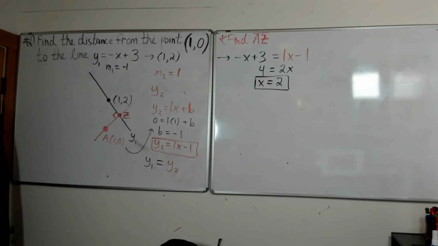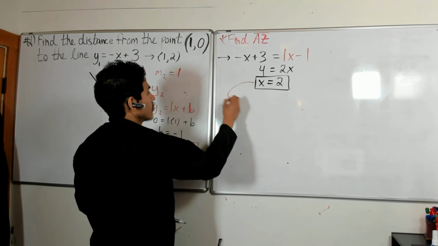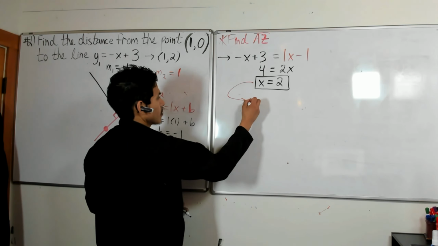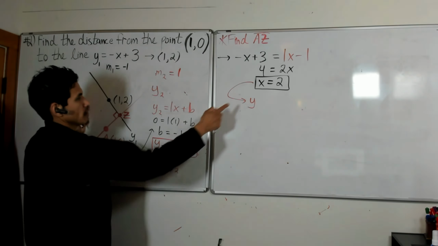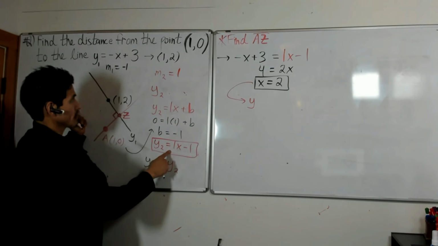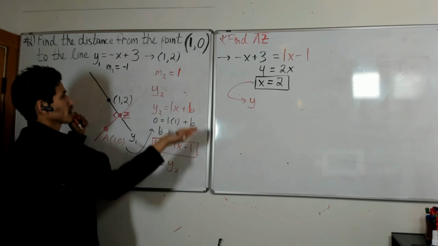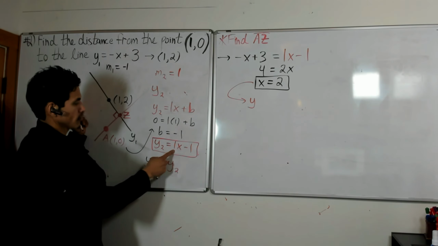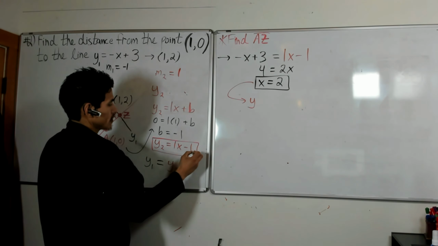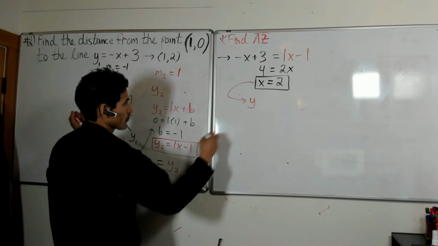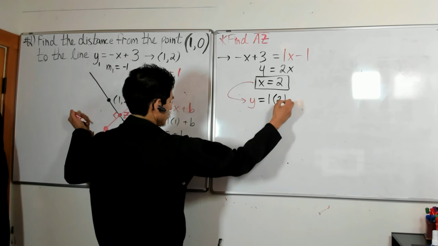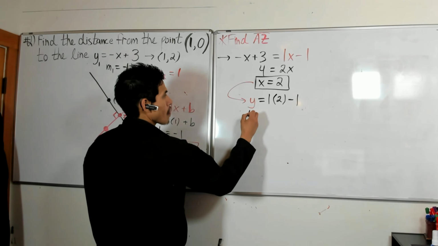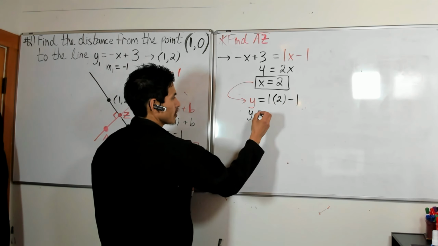If x is 2, we can find y by plugging 2 into either y2 or y1. It doesn't matter which one. Let's just plug it into y2. We get y is equal to 1 times 2 minus 1, and then y is just 2 minus 1.